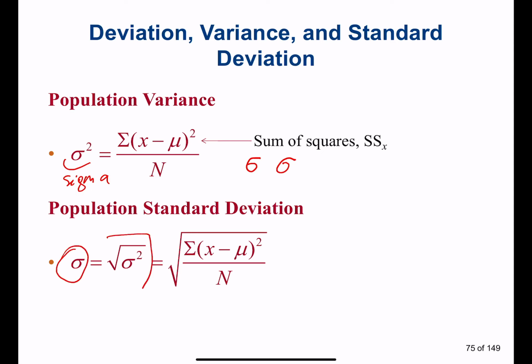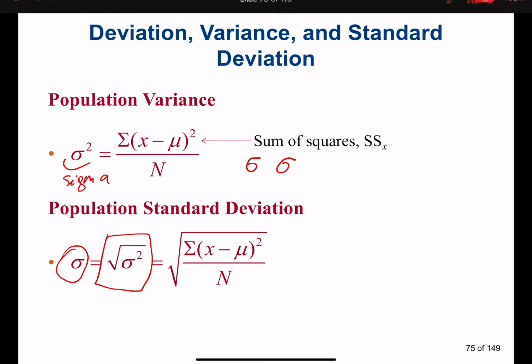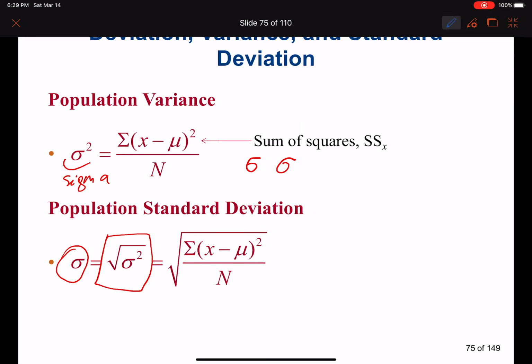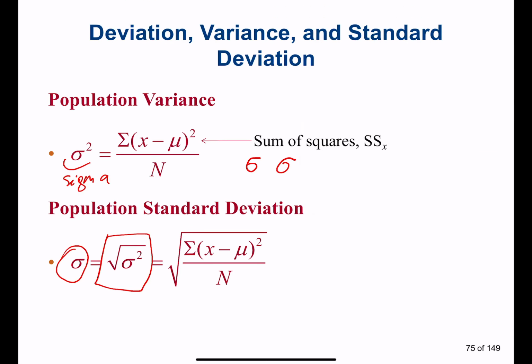See, here it is, the square root of variance, which means the square root of the sum of x minus mu squared over n. Now let me explain what sum of x minus mu squared is. X minus mu, as you know, is deviation, right?